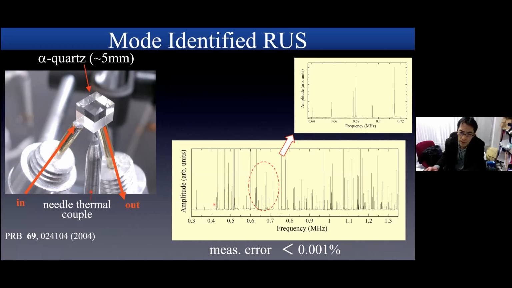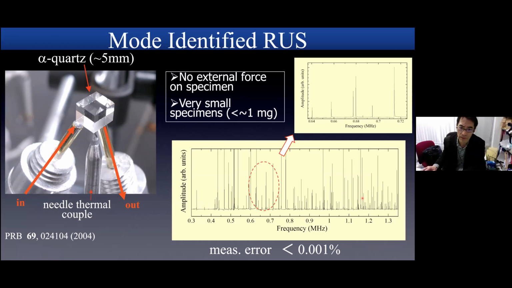So by measuring many resonant frequencies, it is possible to obtain independent elastic constants simultaneously through the inverse calculation. This is a very simple method. We just put the specimen on the tripod, and make one single frequency scan to obtain 100 resonant frequencies. So it is very useful for very small materials.